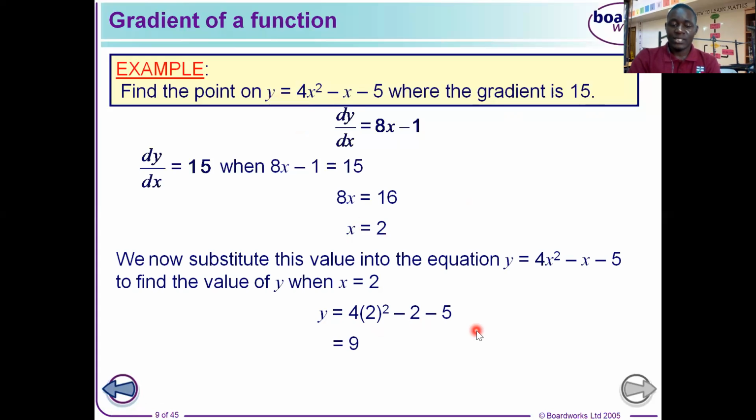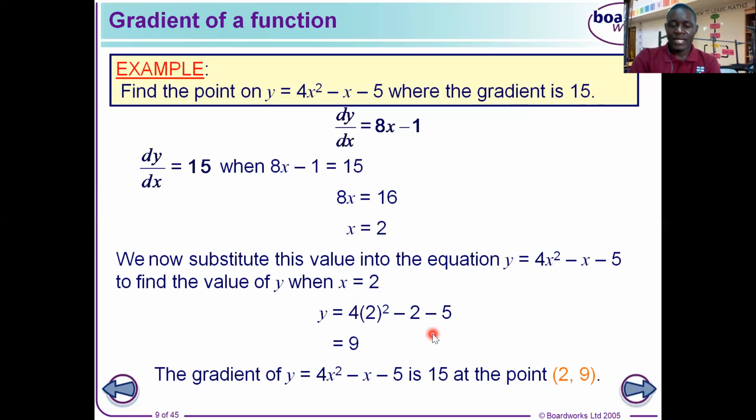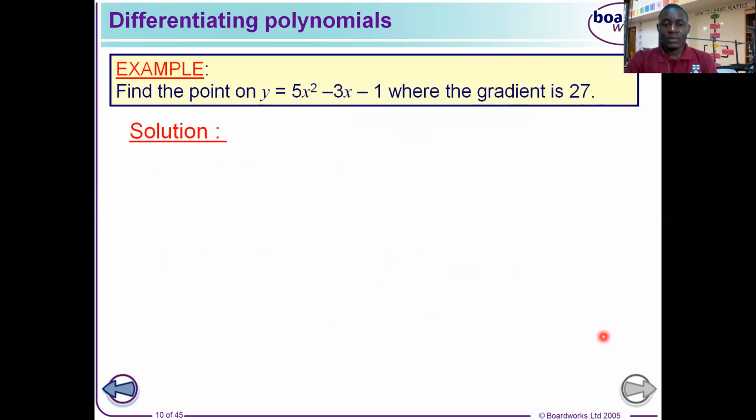The end of that calculation will give us y as 9. So the point where we have the gradient calculated to be 15 is x equals 2 and y equals 9. So we can say that the gradient of the function is 15 at the point where x is 2 and y is 9. Let's take one more example to round this lesson.